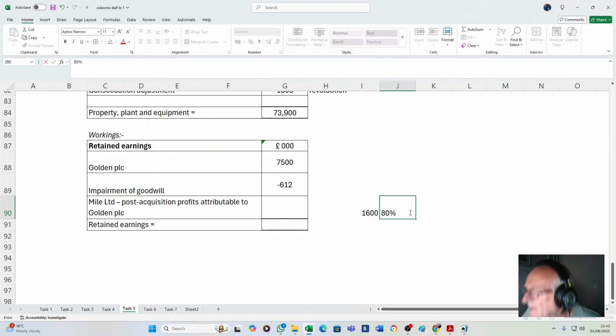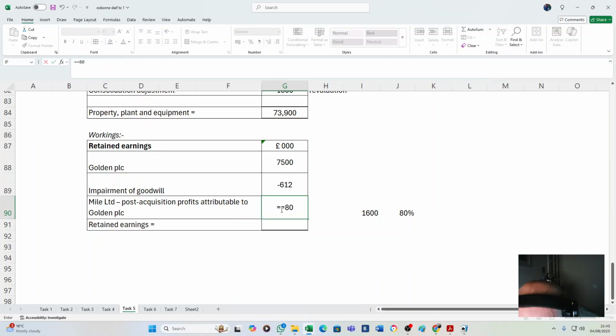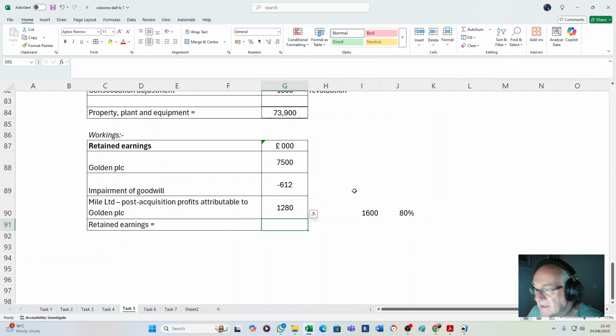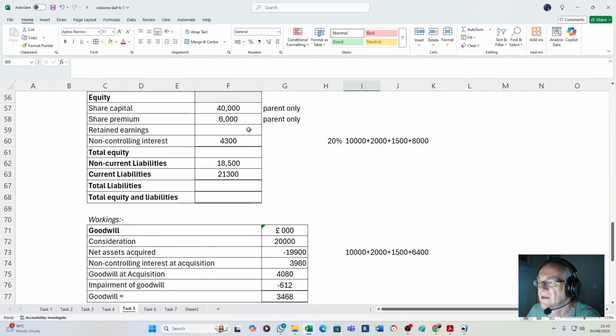So this time it's 80%. 12.80. So of course they only get their share of the profits since they bought them. The profits before they bought was part of the goodwill, part of the calculations. So 8168 retained earnings.